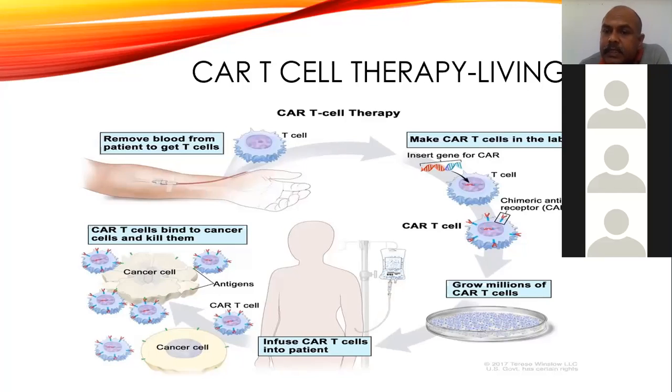The chimeric antigen receptor gene, called CAR, is put into the T cell DNA, and the T cell starts expressing these CAR receptors. Then this T cell is put back into the patient and it destroys the cancer cells. This is cutting edge therapy in certain leukemias and lymphomas, but it's very expensive.